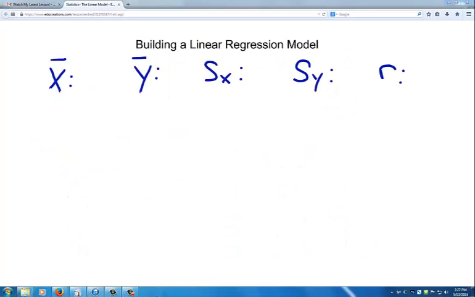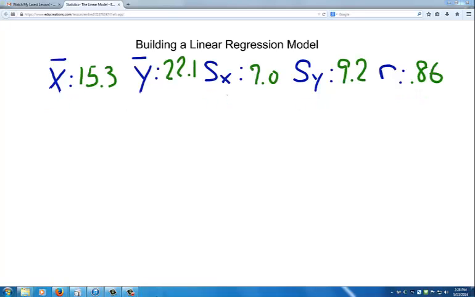We can build a linear regression model if we have information for the following: the mean for x, known as x bar, the mean for y, called y bar, s sub x, which is the standard deviation for x, s sub y, which is the standard deviation for y, and our correlation, lowercase r.